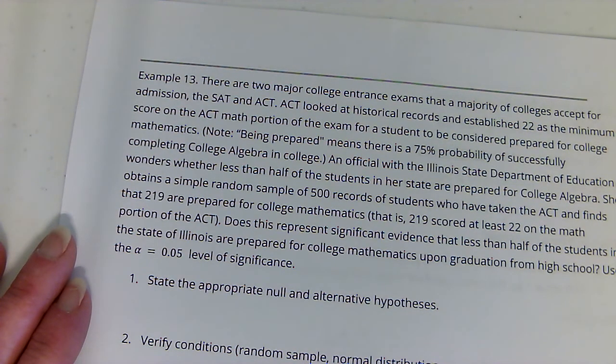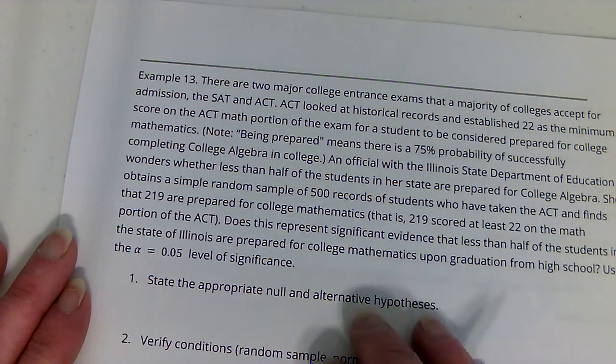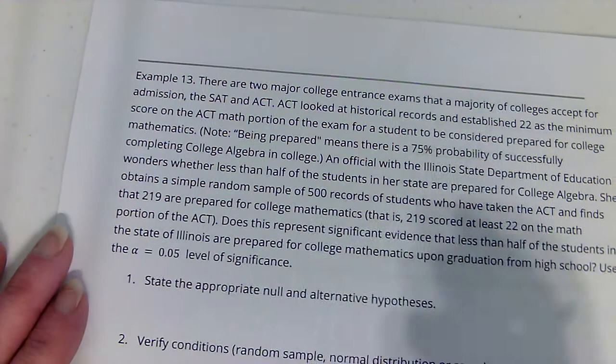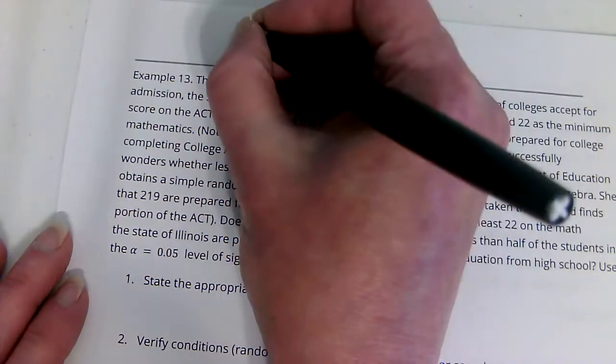That is, 219 scored at least 22 on the math portion. Does this represent significant evidence that less than half of the students in the state of Illinois are prepared for college mathematics upon graduation from high school? Use alpha equals 0.05.